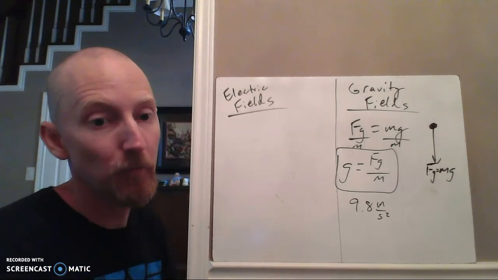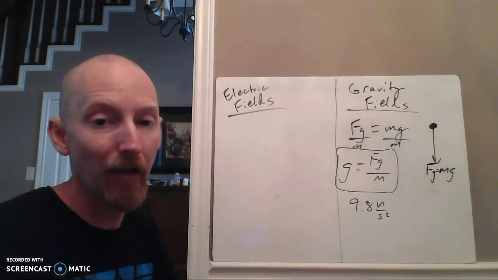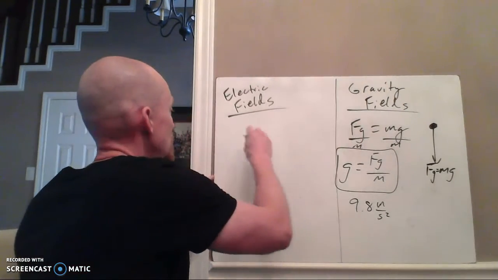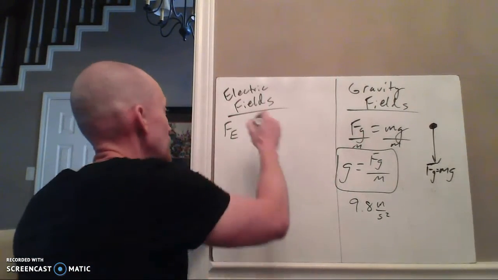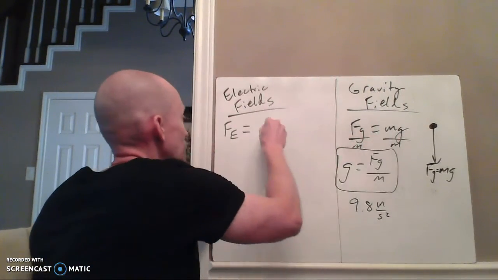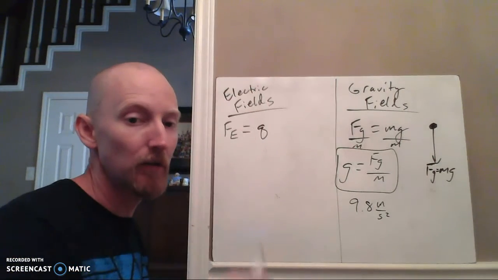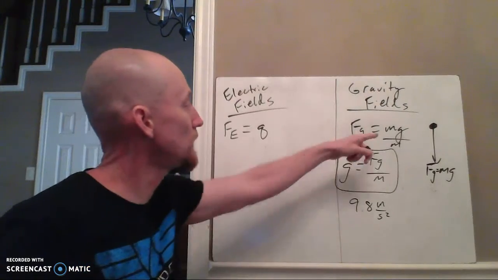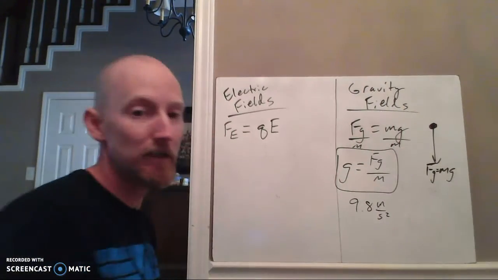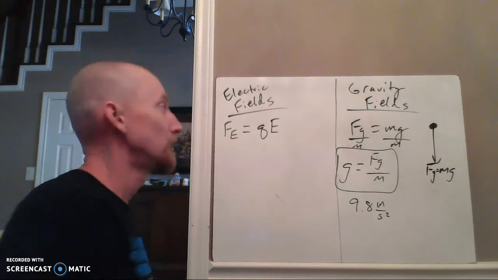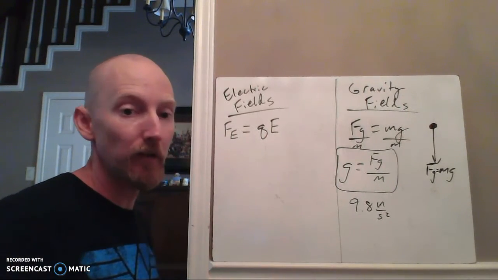So we know this. Electric fields act the same way. If you have an electric field, it could have a strength. But instead of Fg, it's called Fe for F electric. Instead of a mass, you have something called a charge, and we call that q. And instead of g, it's called E. So g is our gravitational field strength. E is our electric field strength. And both could be represented as vectors.